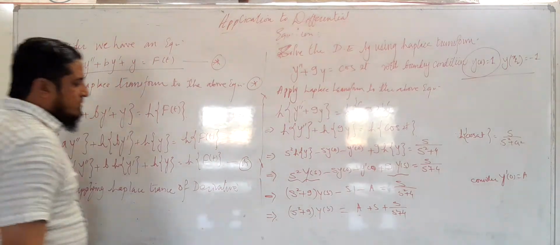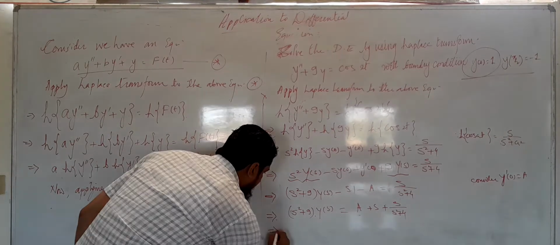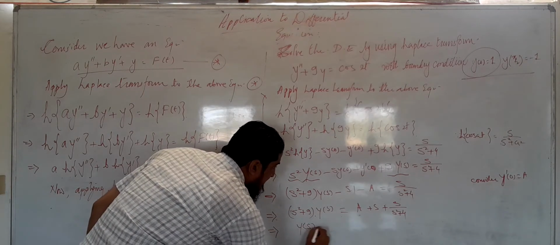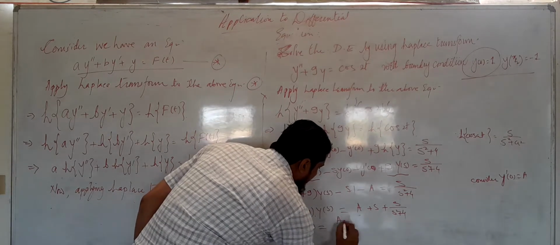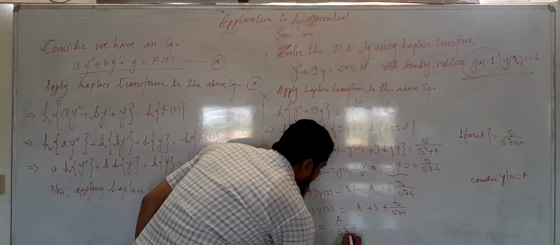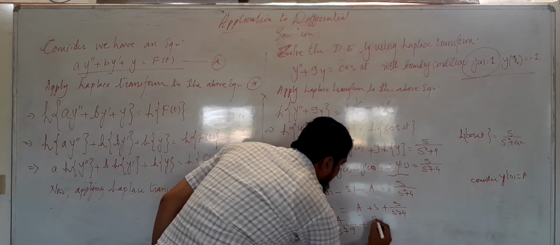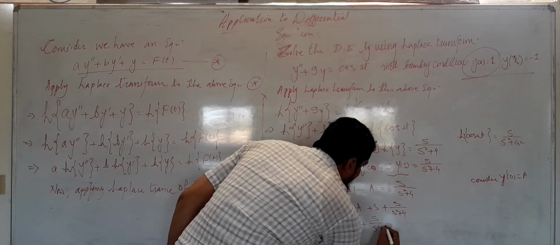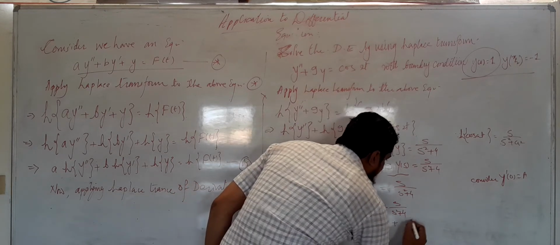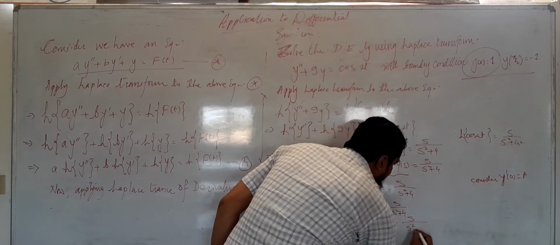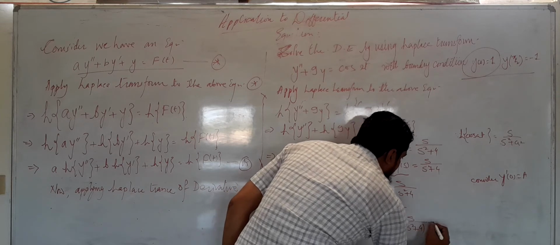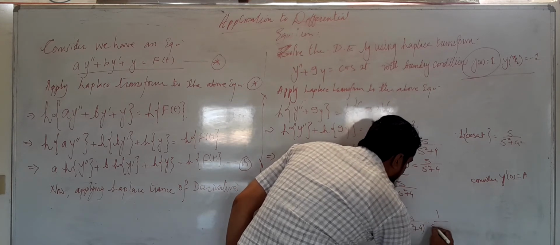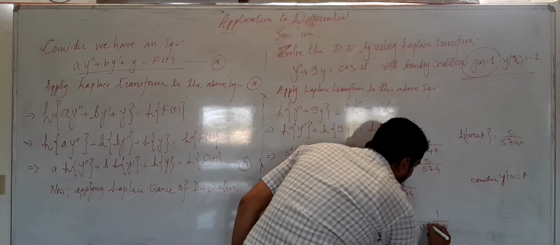Correct. Now Y(s) is equal to a upon s square plus 9, plus s upon s square plus 9, and s upon s square plus 4 into 1 upon s square plus 9.